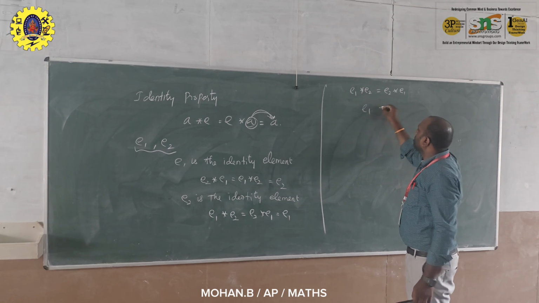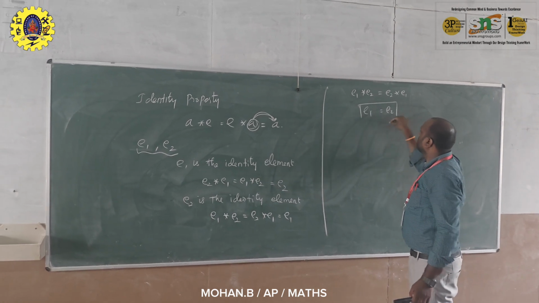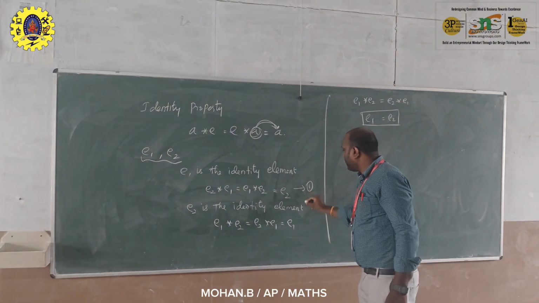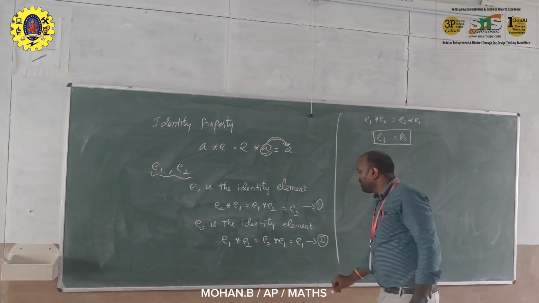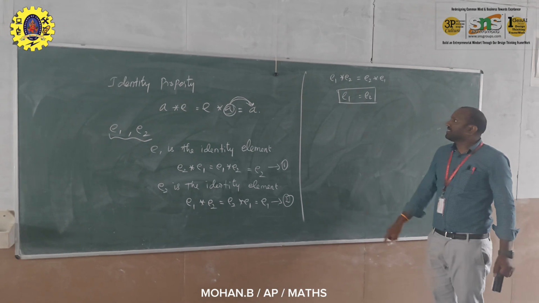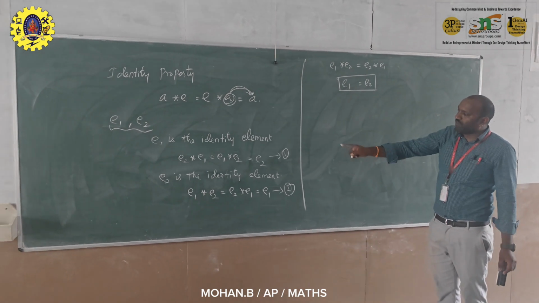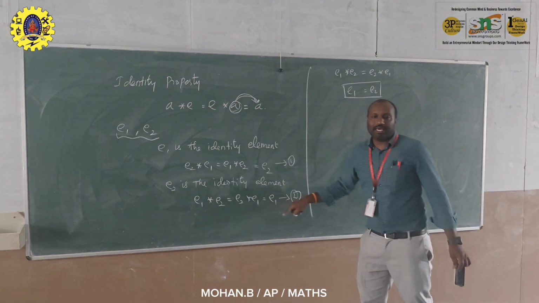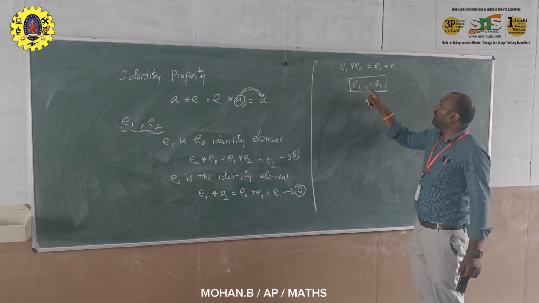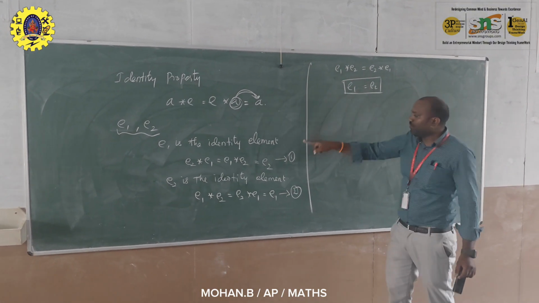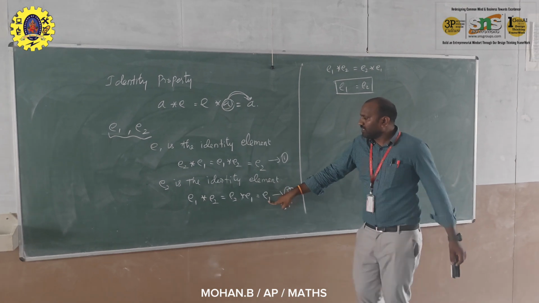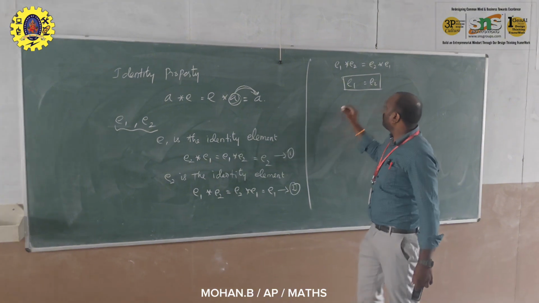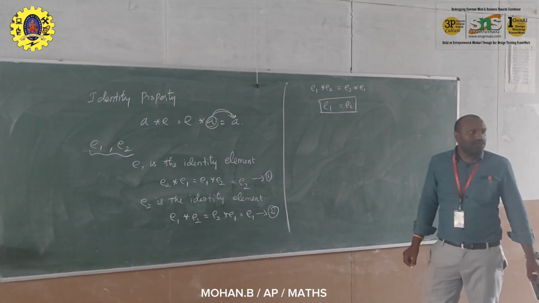So finally, from equation 1 and equation 2, the basic thing is that the left hand side is equal, so the right hand side is also equal. E1 star E2 is equal to E1, and E1 star E2 is equal to E2. So E1 is equal to E2.